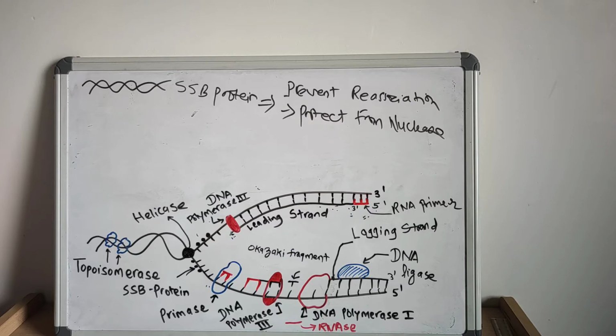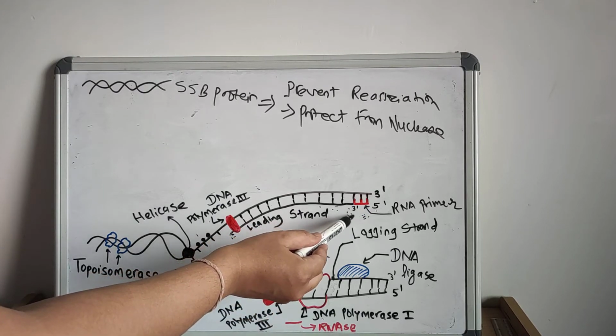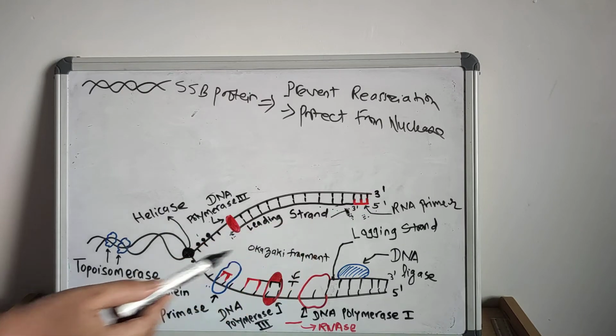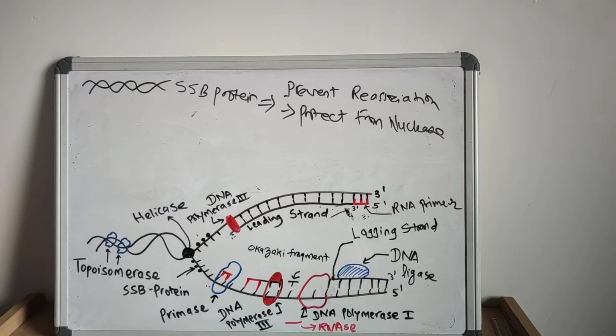Beginning at the 3' end of the RNA primer, DNA polymerase 3 starts to add more and more nucleotides to the strand from the 3' end.